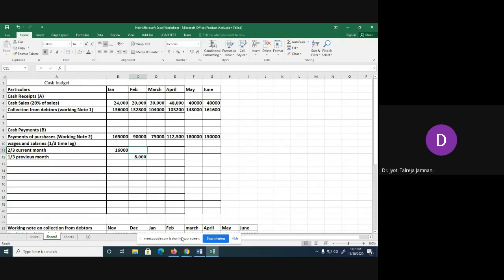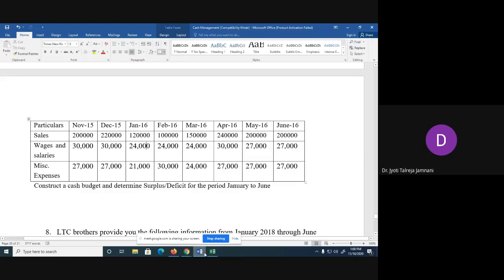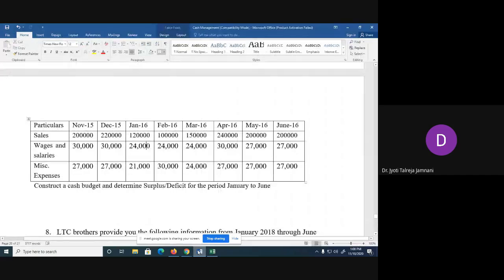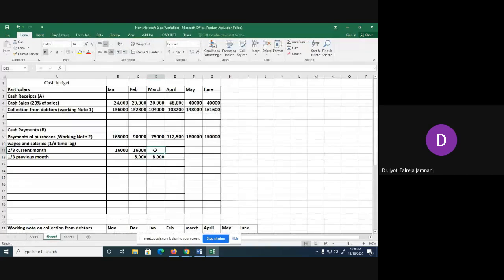Okay. Similarly, we'll find for Feb. Feb, it is 24,000 again. So that will be 16,000 in this month, 2/3, and 8,000 in the next month, that is 1/3. Then wages and salaries for March is also 24,000. So similarly, 2/3 of 24,000, 16,000 in March, and remaining 8,000 in April.